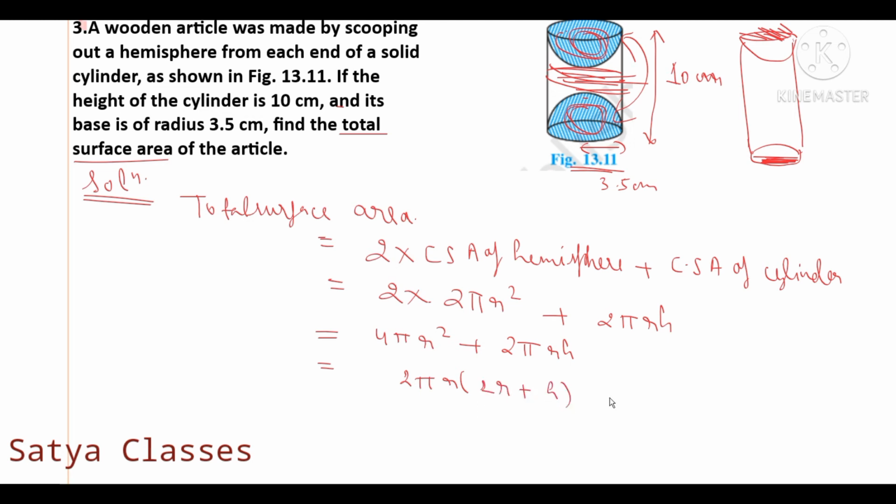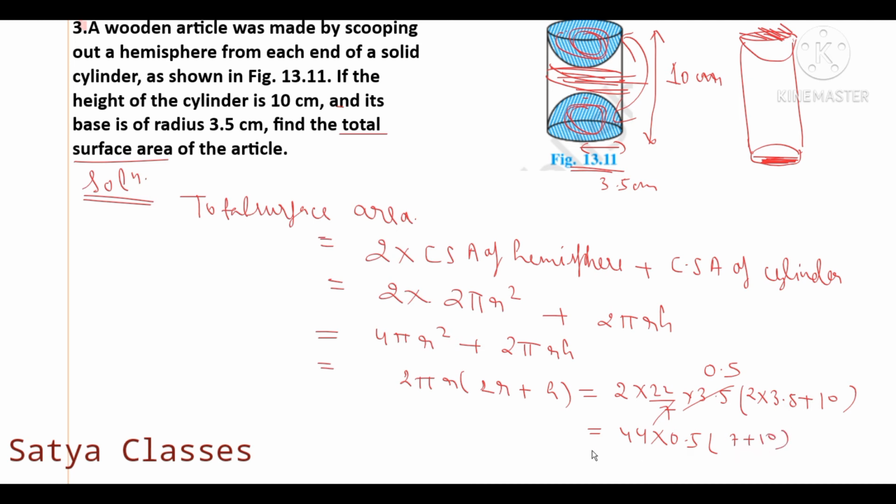Now 2 into 22 by 7. The radius given to us is 3.5, so 2 into 3.5 plus the height of the cylinder, which is 10. Let's divide it, and we are getting 0.5. Multiply them, 44 into 0.5, thereafter 7 plus 10.